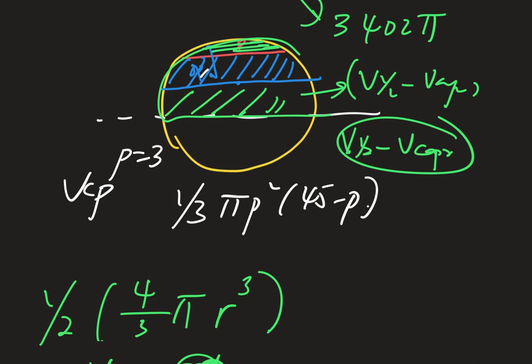Then V half minus V cap 1 minus V half plus V cap 1 plus V cap 1.